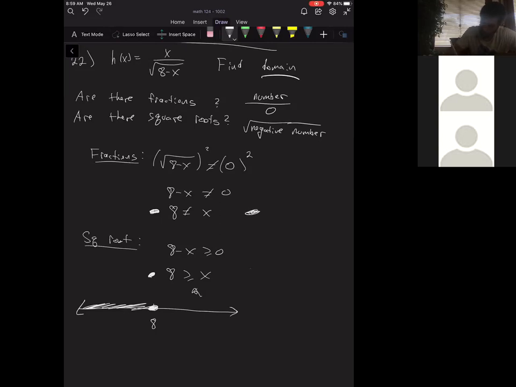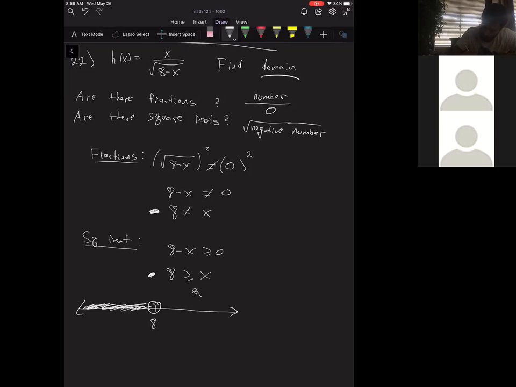The bottom piece just says x has to be less than or equal to 8, and that "or equal to" means a closed dot. But this one says x is not allowed to be 8. So we have to make this closed dot an open dot, because if x is 8, then the bottom of the fraction is 0.